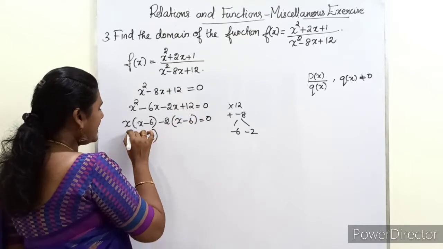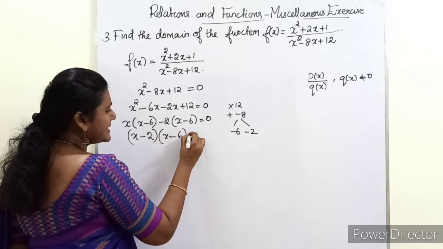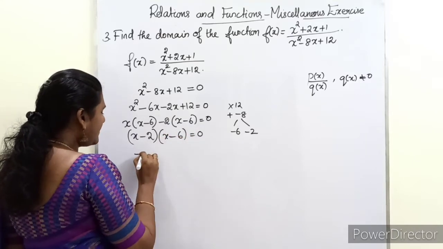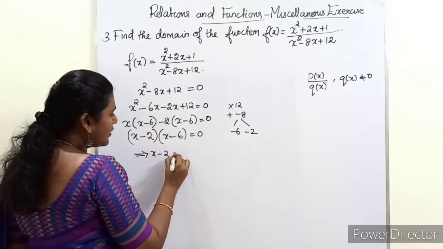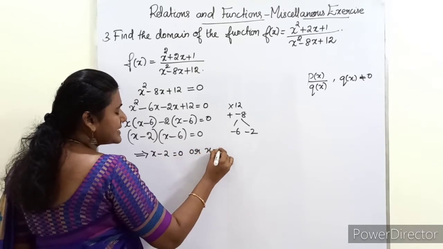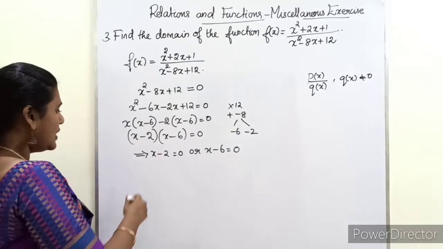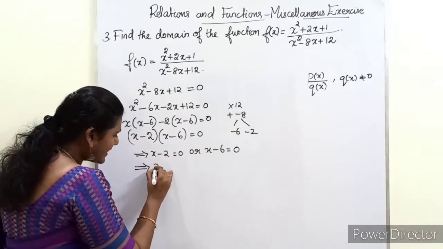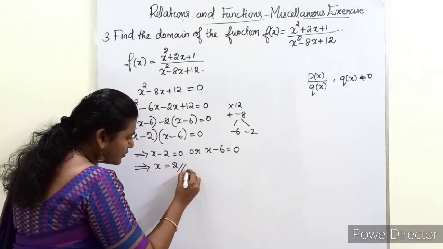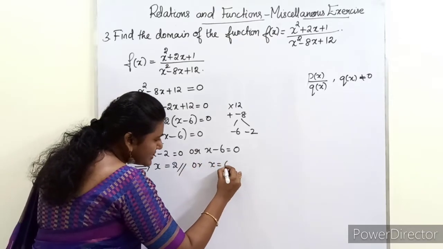Now x minus 2 into x minus 6 is equal to 0, which implies x minus 2 equals 0 or x minus 6 is equal to 0. We can equate each factor to 0. So what are the values of x here? x is equal to 2 or x is equal to 6.